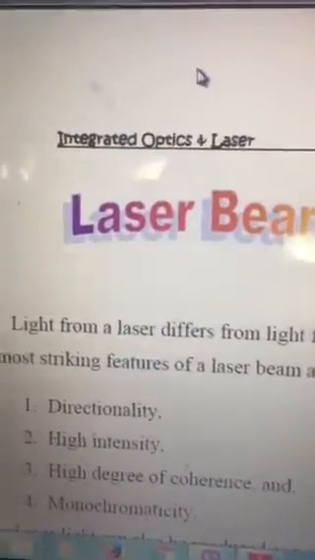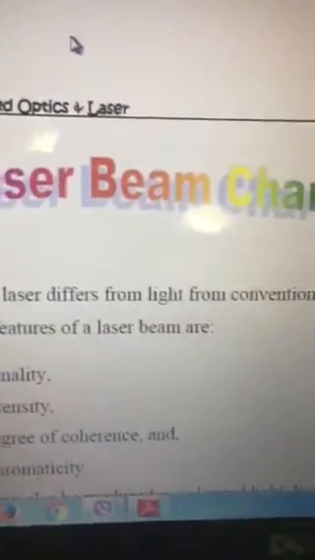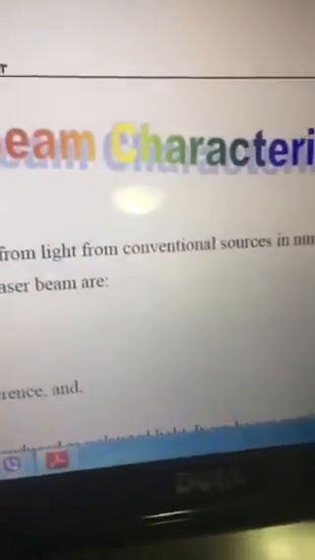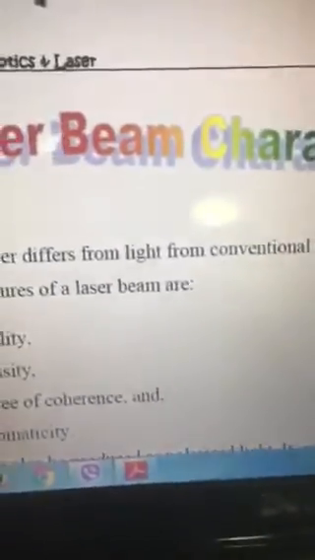Light, of course, from a laser differs from light from conventional sources in a number of ways.